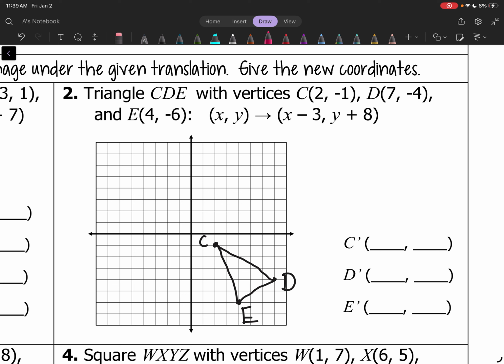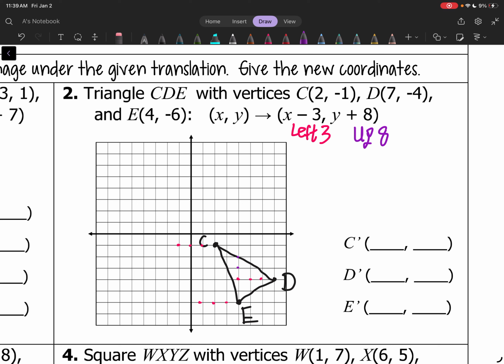What this says is x minus 3 is left 3. So I'm going to take each one of these and go left 3. 1, 2, 3. 1, 2, 3. 1, 2, 3. What the plus 8 says is to go up 8 in the y direction.